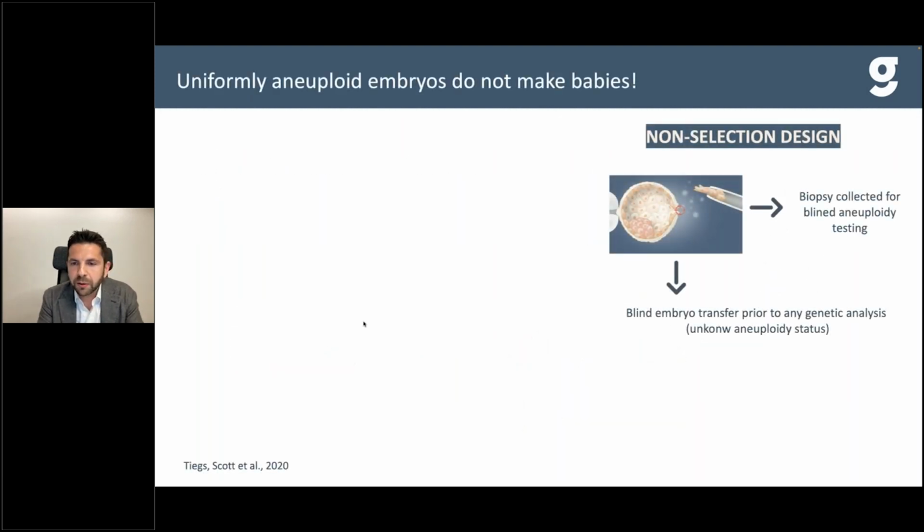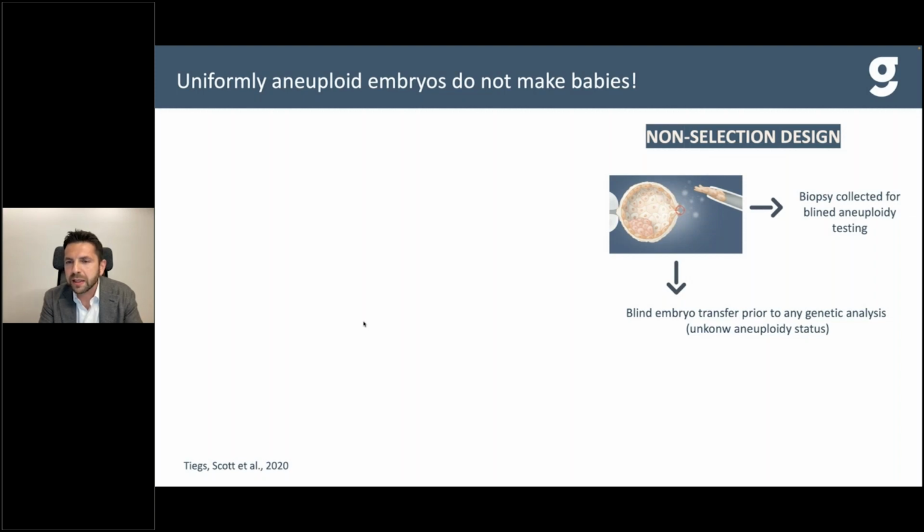outcomes. Now, the best way to understand the fate of uniform aneuploid embryos is to run prospective non-selection studies. You may have seen this type of study in the one recently published by Tiegs and colleagues in 2020 in Fertility and Sterility.